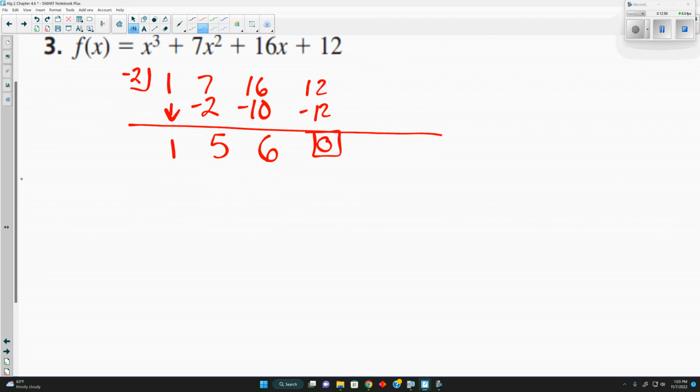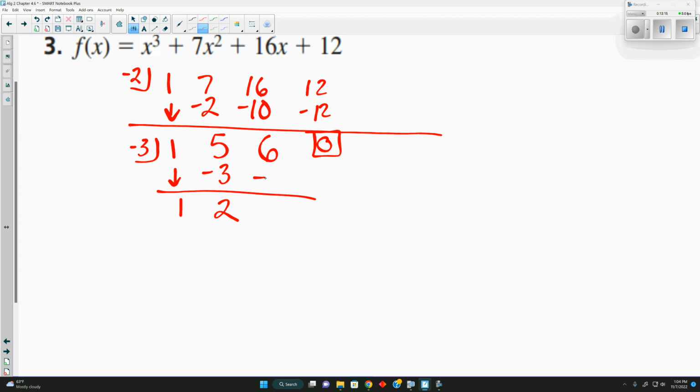Now at this point here, we could put the variables back in and use the quadratic formula to solve. But do we know one of the other solutions? Negative 3. If we can take it from a quadratic down to a linear, we might as well, because linear functions are easier to solve than quadratics. Now negative 3 times 1 is negative 3. 5 plus negative 3 is 2.